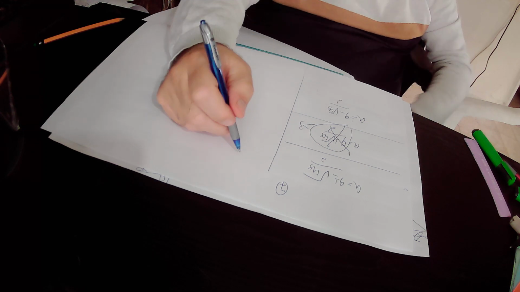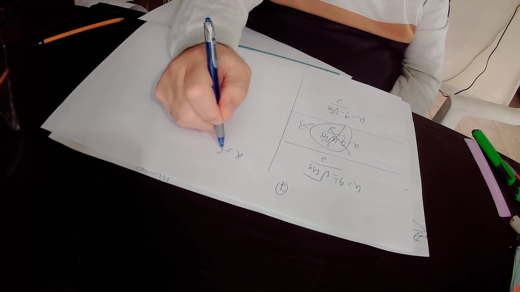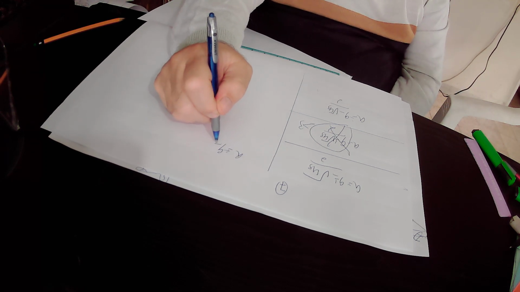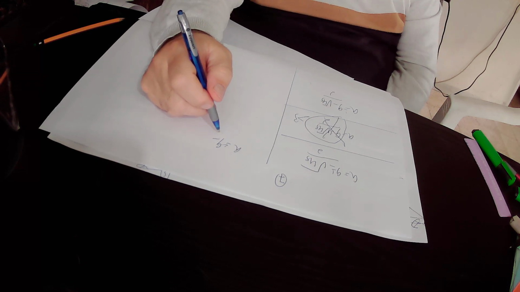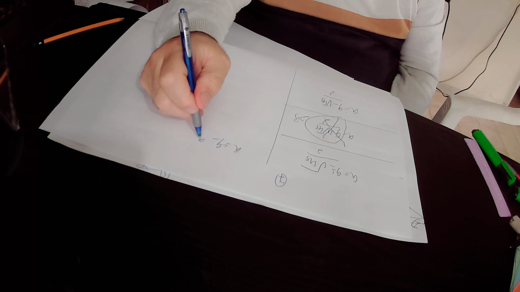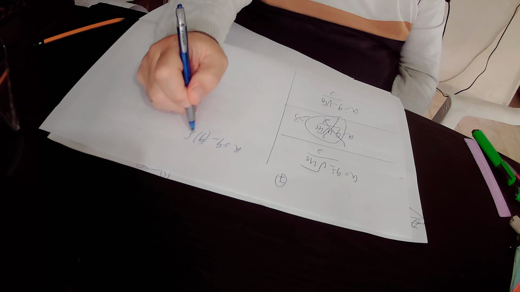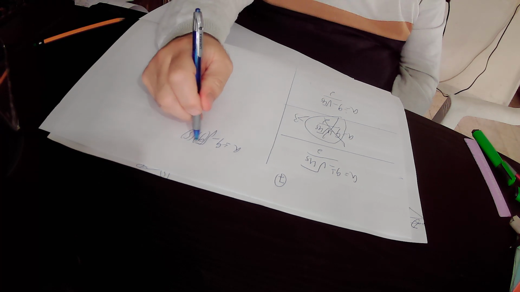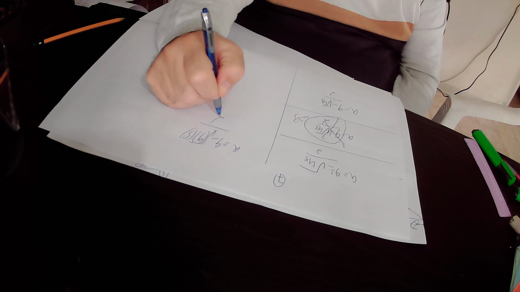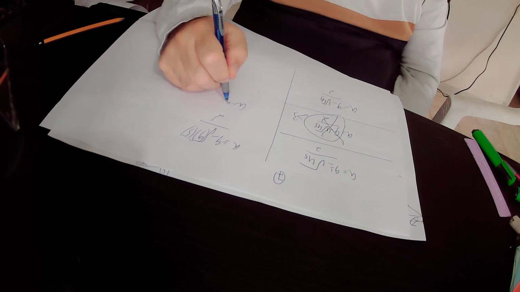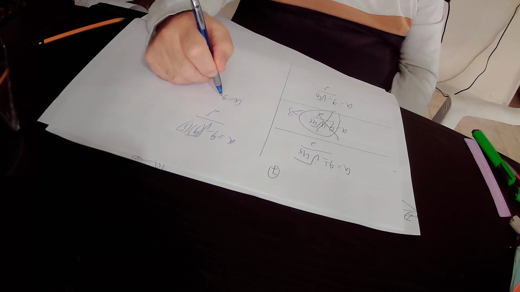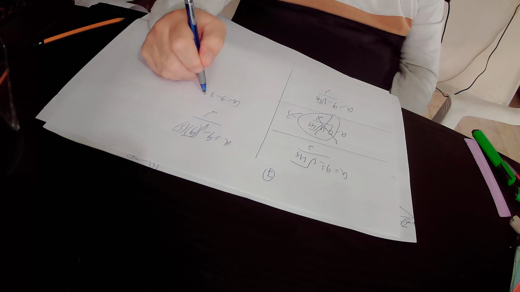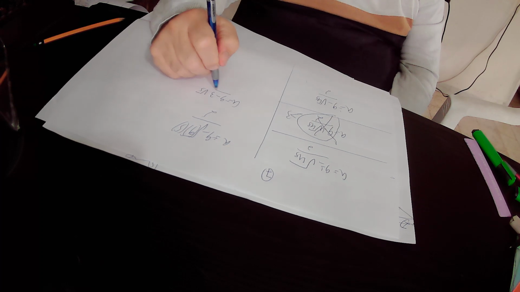So a equals 9 minus, the root of 45. 45 is 9 times 5, divided by 2. So a equals 9, and the square root of 9 is 3. So in total, this expression equals 3 times square root of 5 divided by 2.